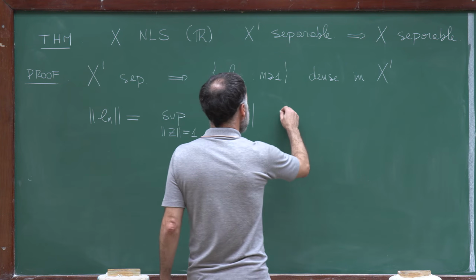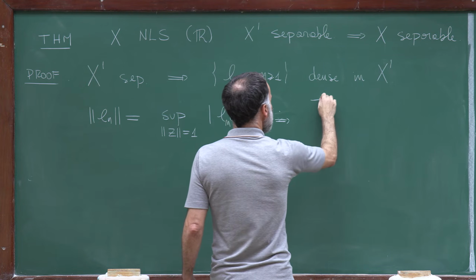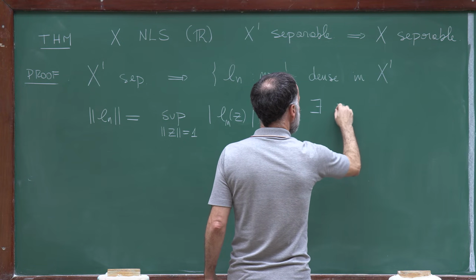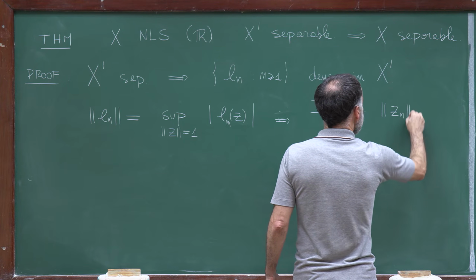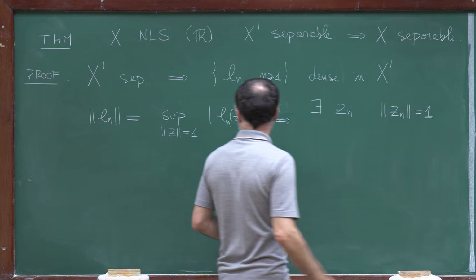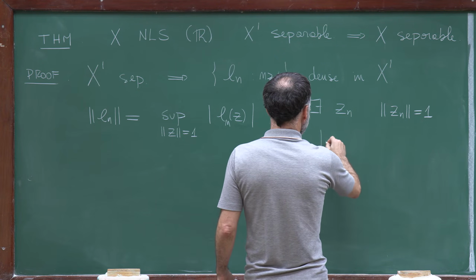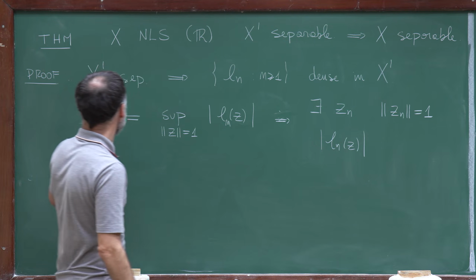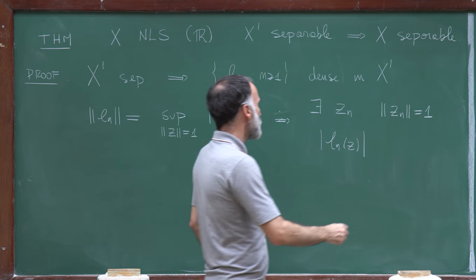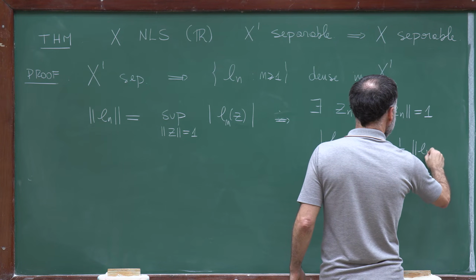So I can guarantee the existence of zn in X, which has norm equal to 1, because I'm taking a supremum over all such points, and such that Ln zn almost attains the supremum. So let's say that it's larger than 1/2 of the norm of Ln.